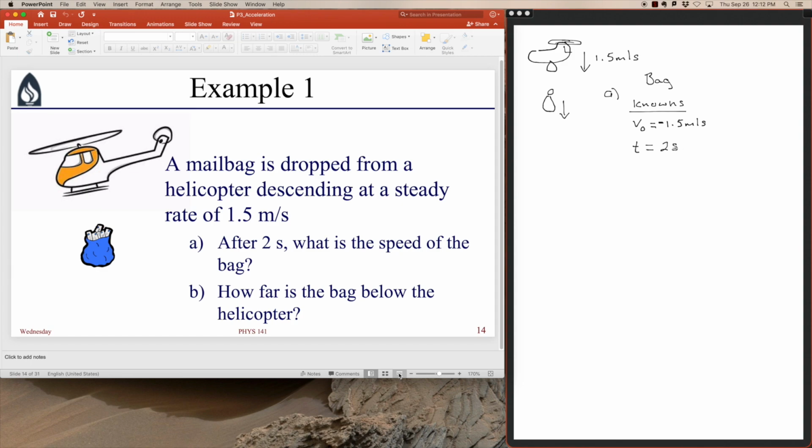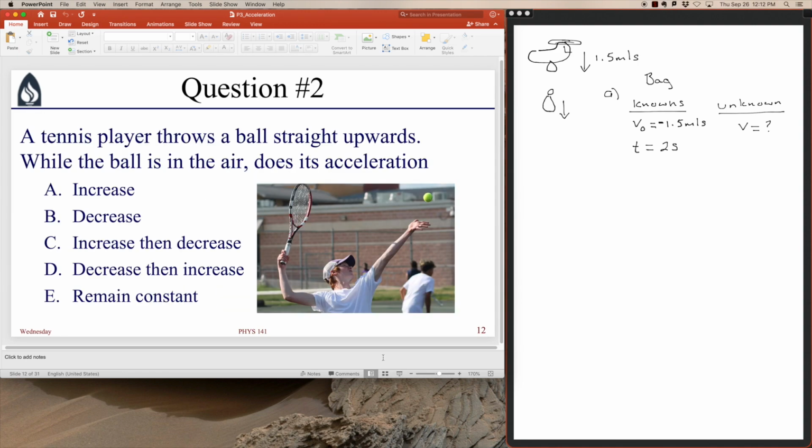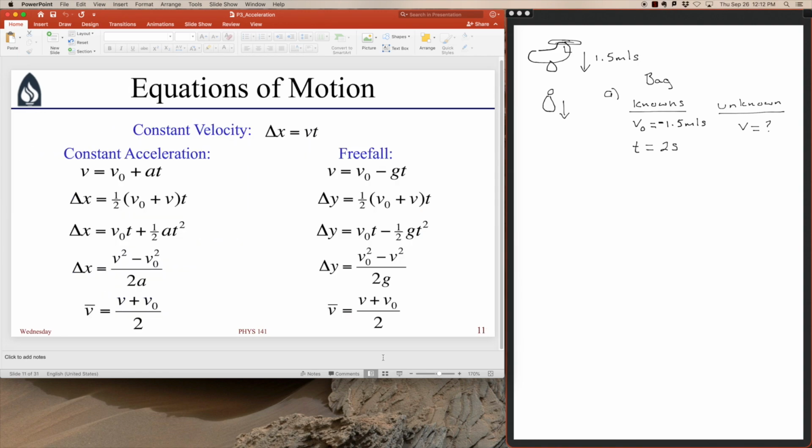And then my unknown for part A is what's the speed of the bag? I want to know what is the final velocity. So now I can take a look at my freefall equations. And I want to select one that involves my knowns and my unknown.